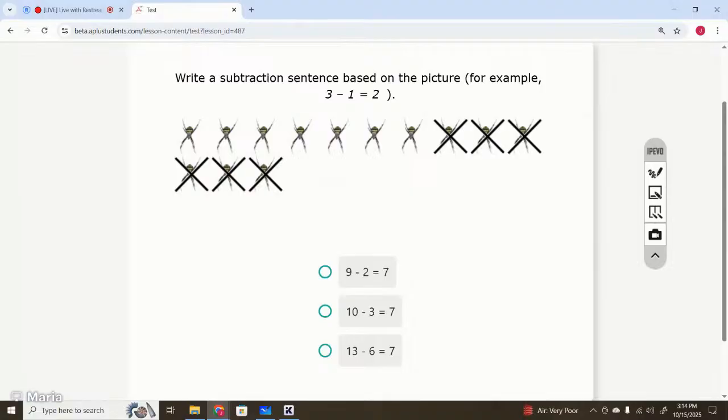So that is 13 take away 6 is 7. Option number 3 is the correct option.